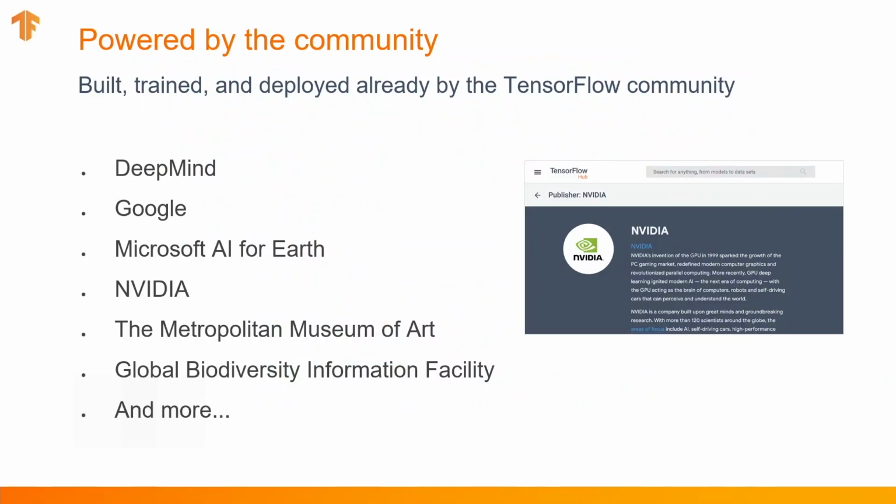TensorFlow Hub is also powered by the community. When we launched TensorFlow Hub last year, we were sharing some of the state-of-the-art models from DeepMind and Google. But now a wide range of publishers are beginning to share their models from a diverse set of areas, such as Microsoft AI for Earth, the Met, or NVIDIA.